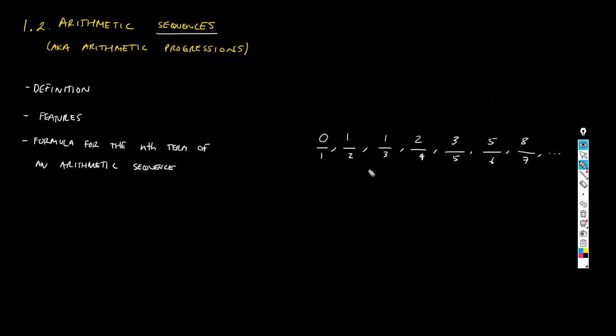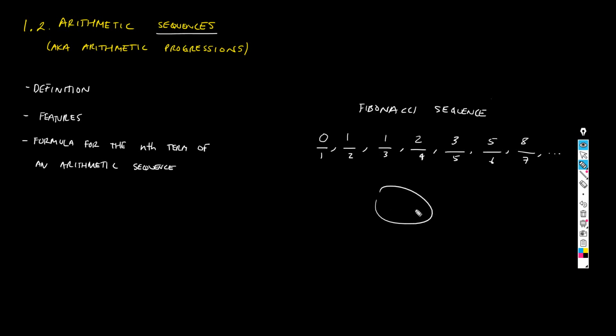So this sequence, guys, is what we know as the Fibonacci sequence. I don't know if you have heard that name before. The Fibonacci sequence: 0, 1, 1, 2, 3, 5, 8, 13, and so on. This is a really, really important sequence in mathematics, and it appears in many places in nature.